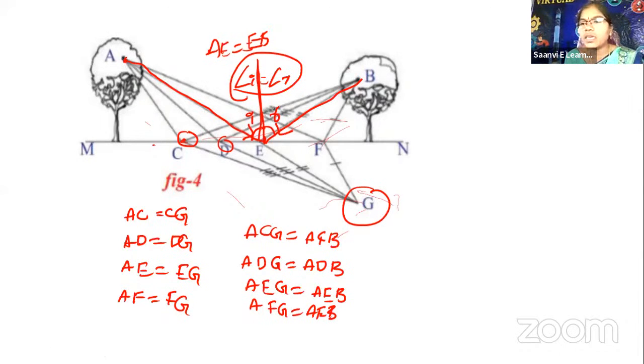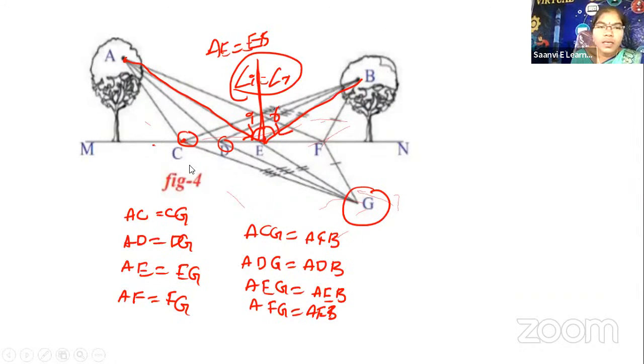The first law of reflection is angle I equal to angle R. So we have to find which path from A to the surface MN, and the same path from the surface to B, has angle I equal to angle R.